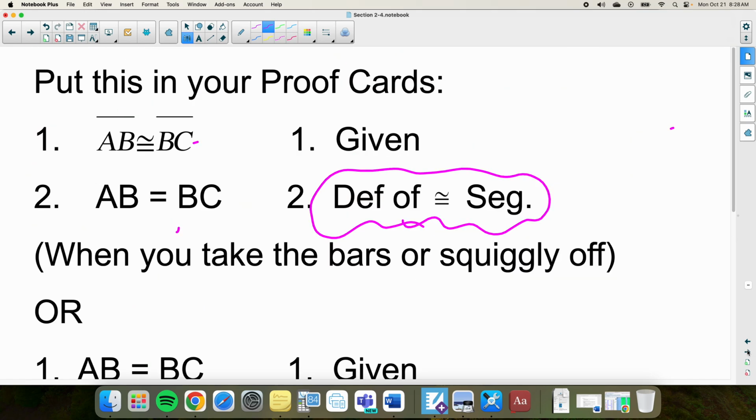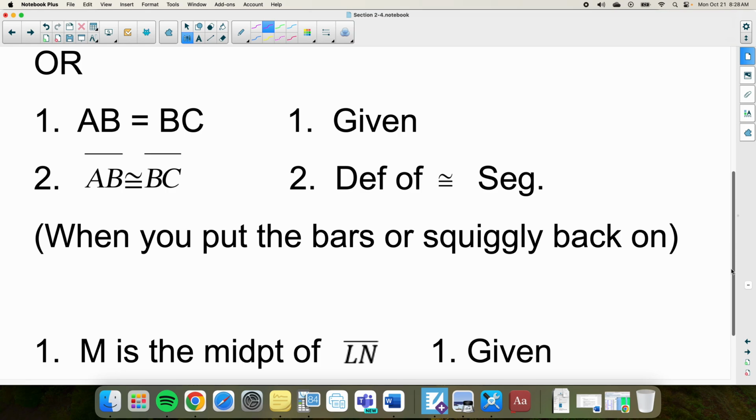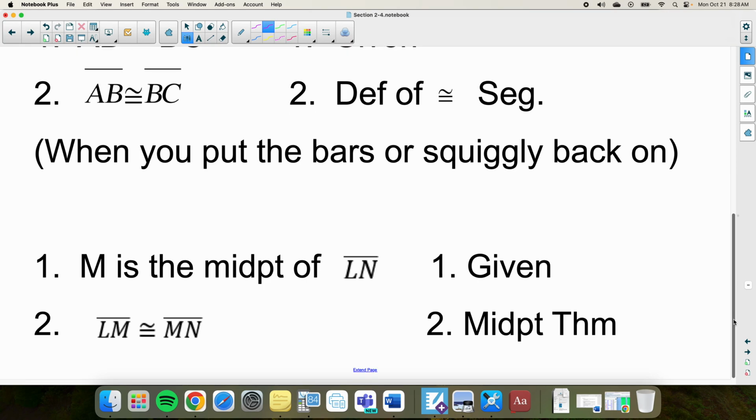All right, another thing I wanted to go over on this page. If you put the bars and the squiggly back on, that's also called division of congruent segments. We already did one like this, but if you ever have a midpoint, the drawing for this one would look like this.